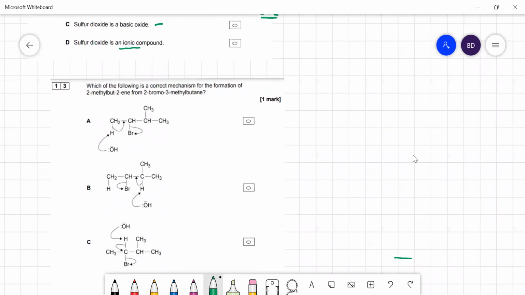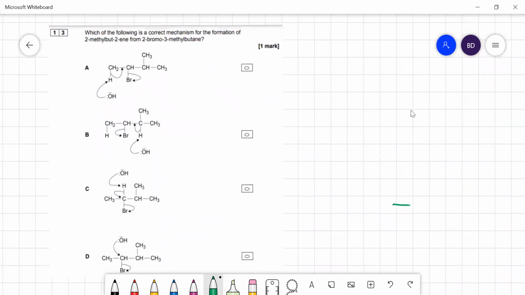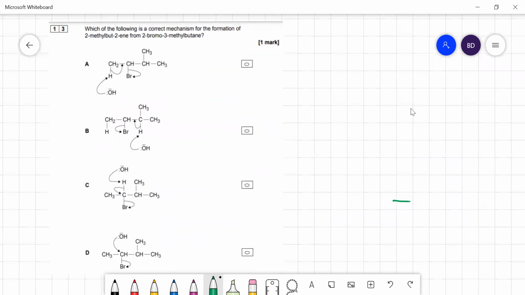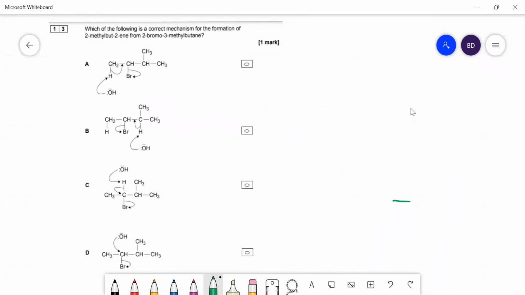Got a mechanism here. Which of the following is a correct mechanism for the formation of 2-methyl-butene from 2-bromo-3-methyl-butane? Okay, so right, this is the reverse of the reaction that we actually had earlier in the paper. So this is elimination.